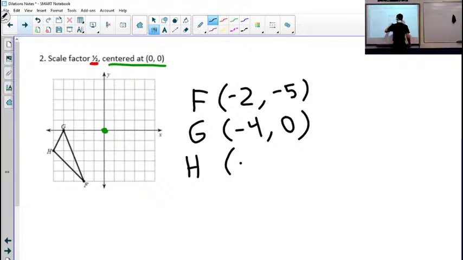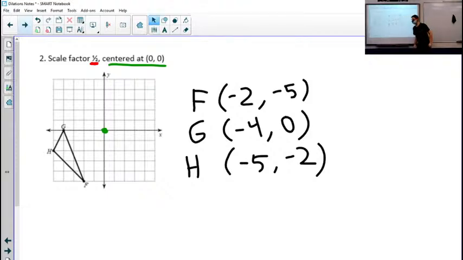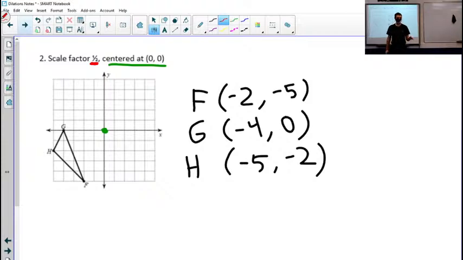H is at -5, -2. But what we're going to do is look at the graph and count each of our distances, and then cut those distances in half. So we're going to start with G.